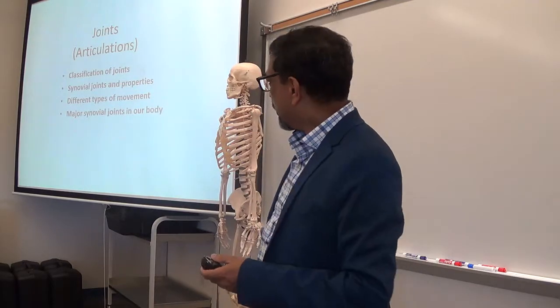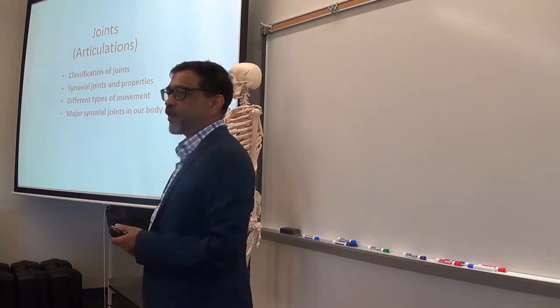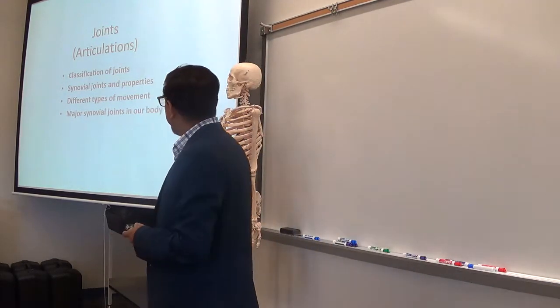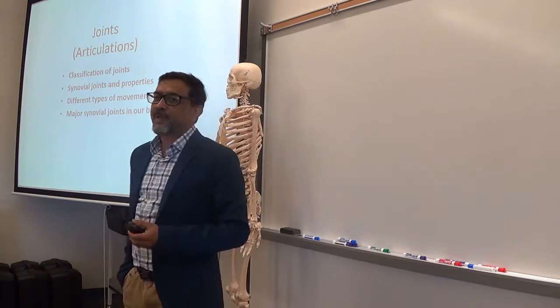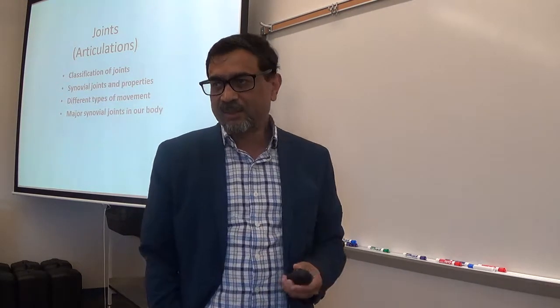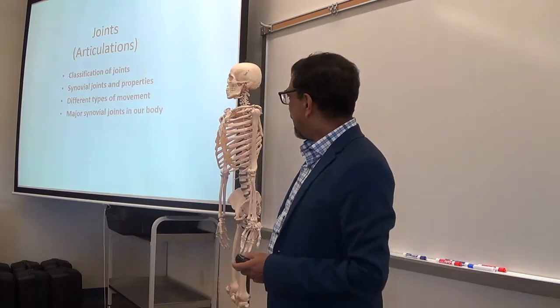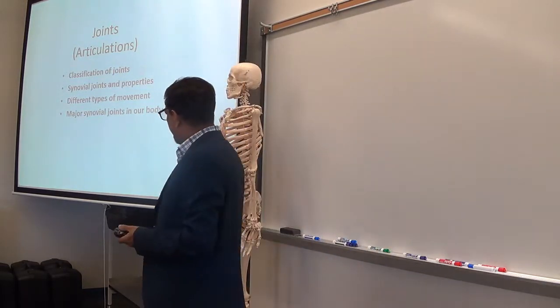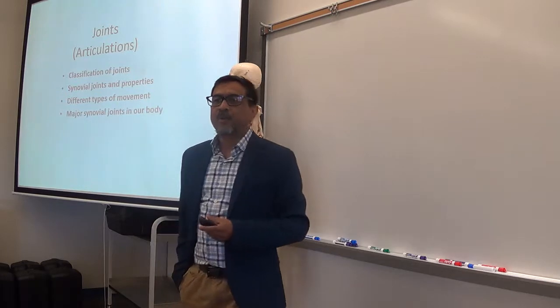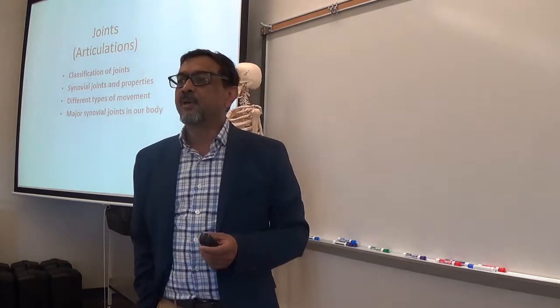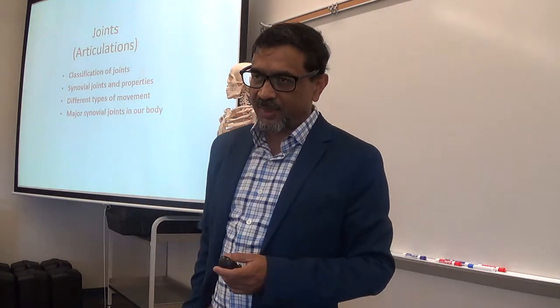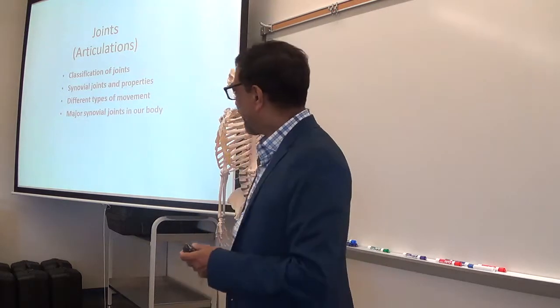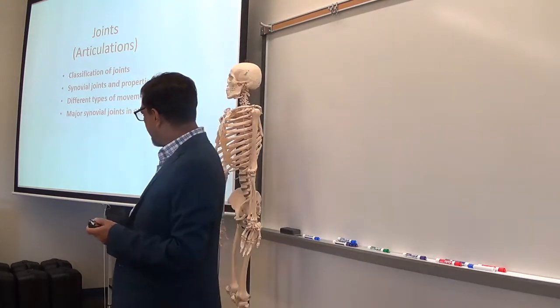So we'll talk about the properties of synovial joints. Then we'll talk about different types of movement of the body parts. Then we'll talk about a couple of large synovial joints and see their structures, like the knee joint and shoulder joint.